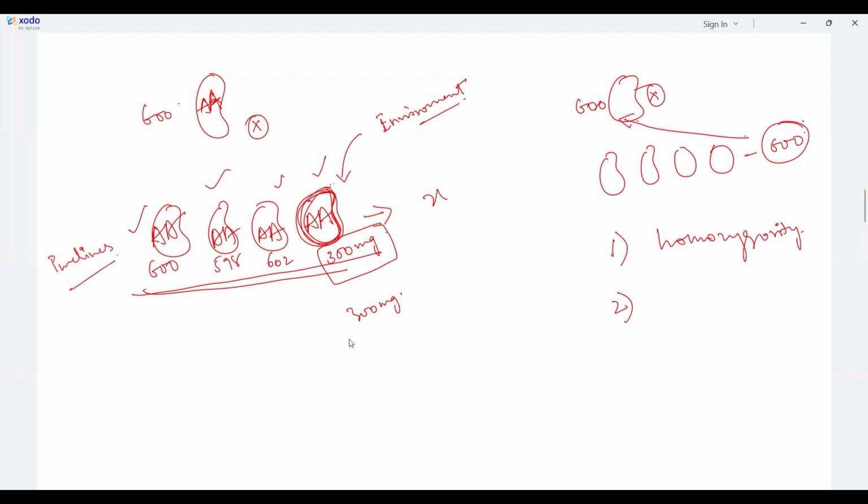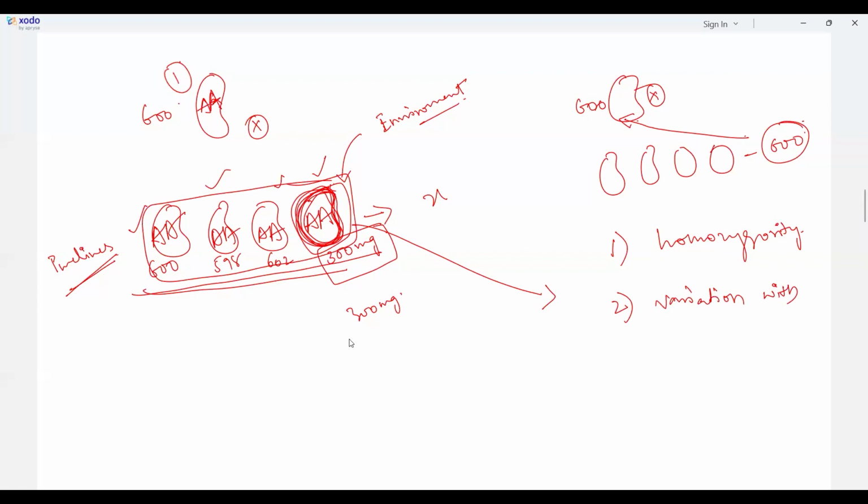Upon continuous selfing you have obtained pure lines, but one pure line has deviated. All the pure lines are derived from only this single one, right?